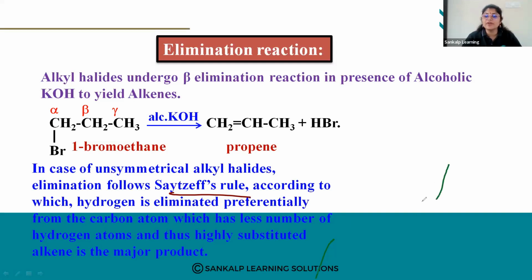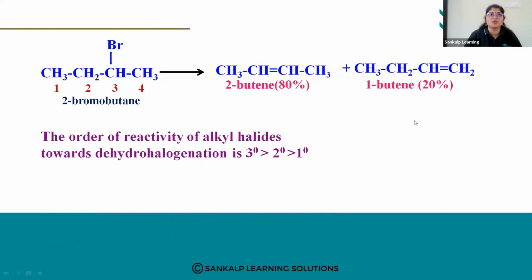Whenever you have an unsymmetrical alkyl halide, the hydrogen will be eliminated from the carbon with fewer hydrogens, and the product obtained will be the highly substituted alkene. We will see the example, then only you will come to know.